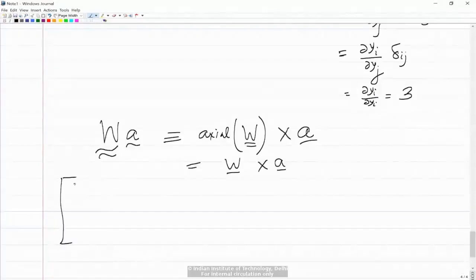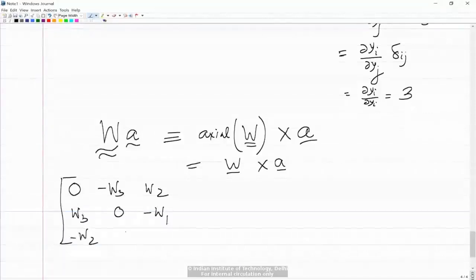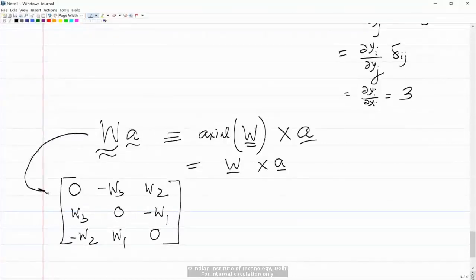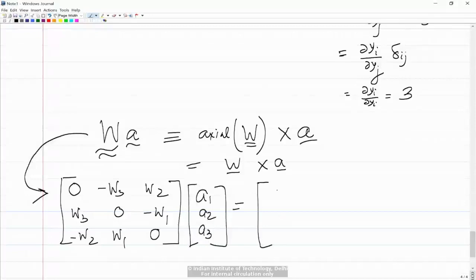So you see, if you form your W like this, 0, minus W3, W2; W3, 0, minus W1; minus W2, W1, 0. Let us say your W skew symmetric is this, and I multiply this with A1, A2, A3. Then what you get? You will get W2 into A3 minus W3 into A2, right?